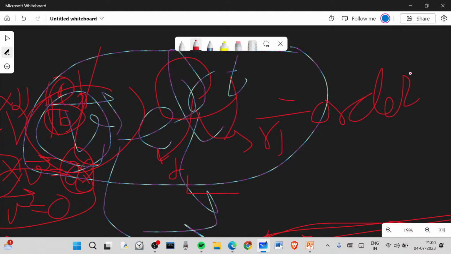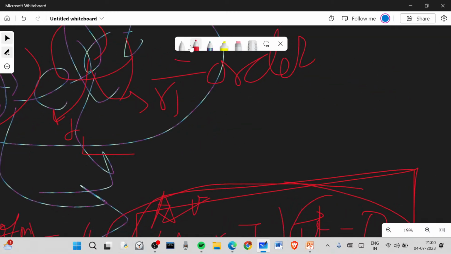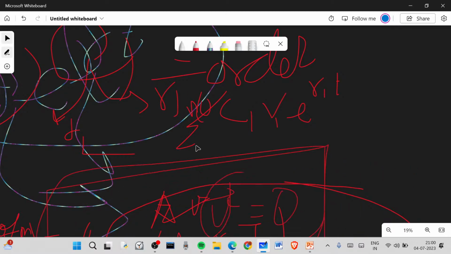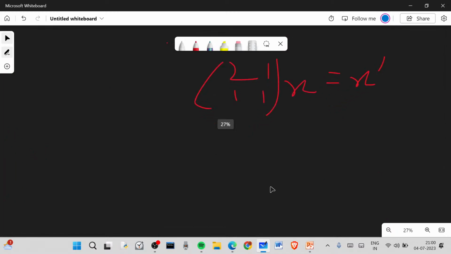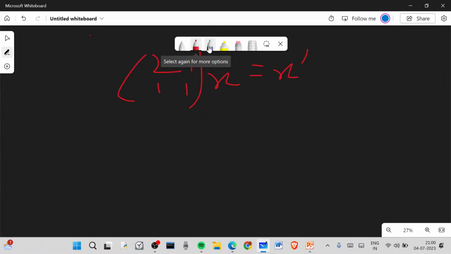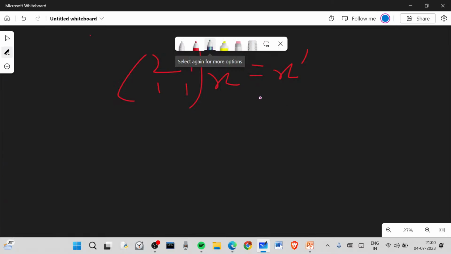I hope I have convinced you, because that was a pretty superficial intuition-based thing. So our final general solution would be c1 v1 e to the power r1 t plus c2 and so on, till order n, for an n by n square matrix. Here we get two solutions, and our final solution would be c1 solution 1 plus c2 solution 2, right?